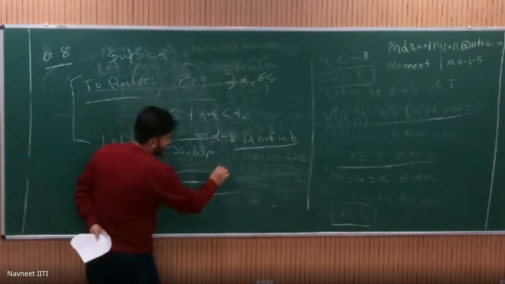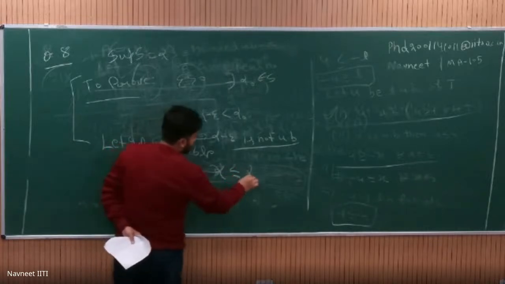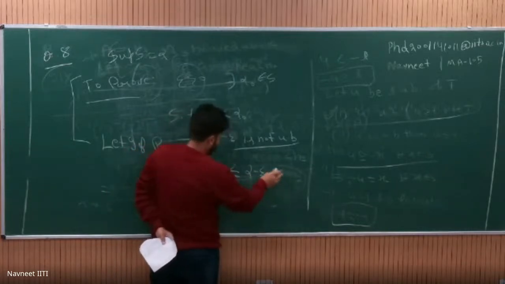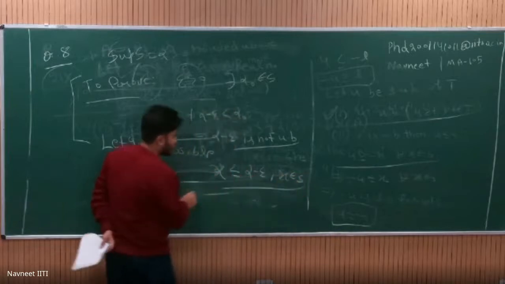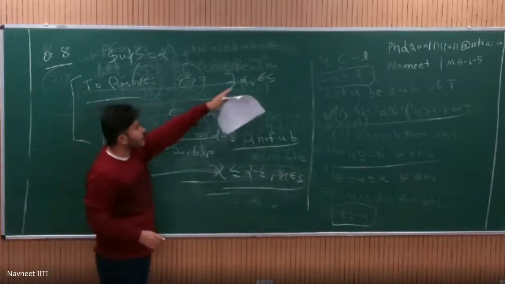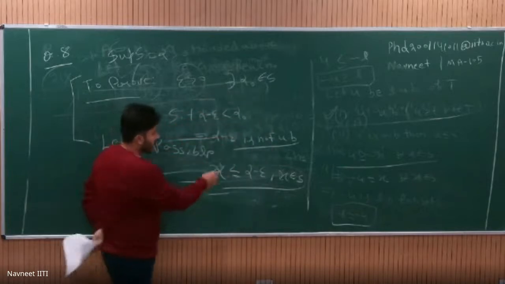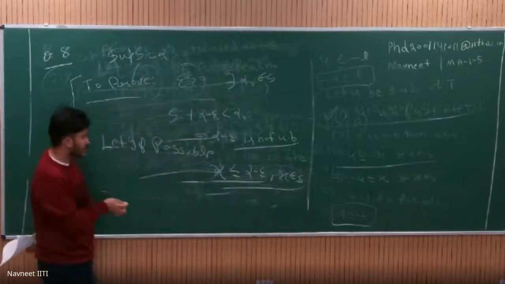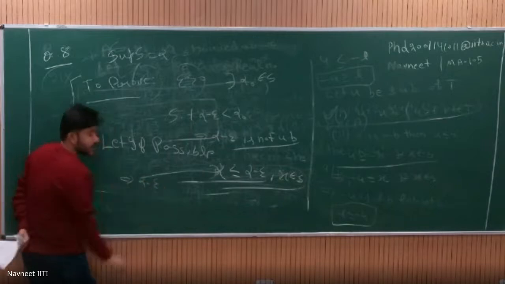This means all the x are less than or equal to alpha minus epsilon, for x belonging to this set S. If we cannot find any alpha naught greater than alpha minus epsilon, that means all the elements inside S are less than or equal to alpha minus epsilon. This means what? Alpha minus epsilon is what?